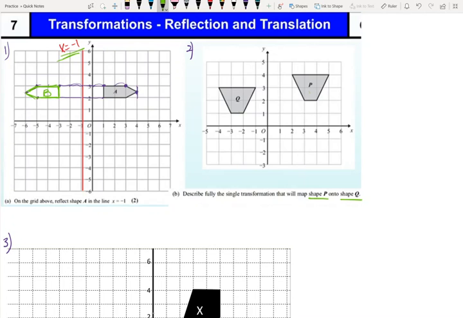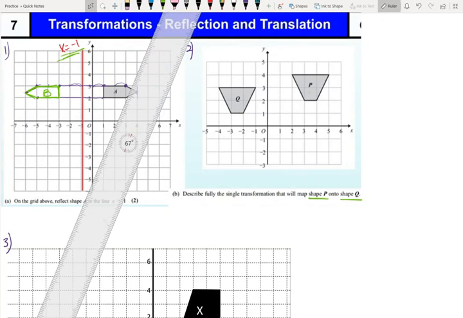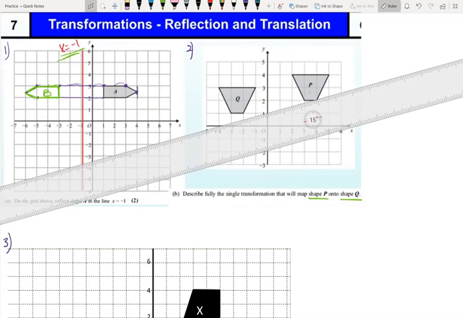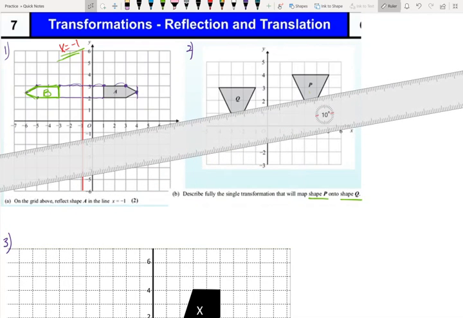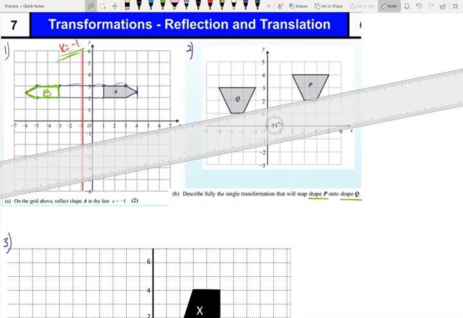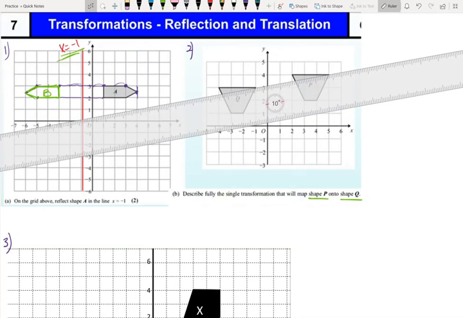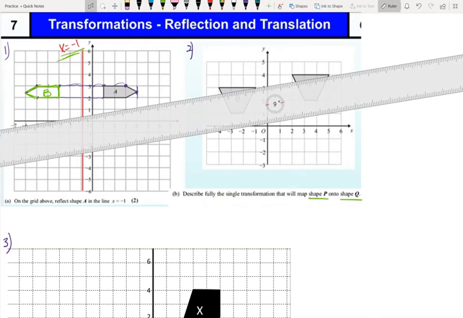So you have to connect this vertex with this one, because it's going to be easy to look at.